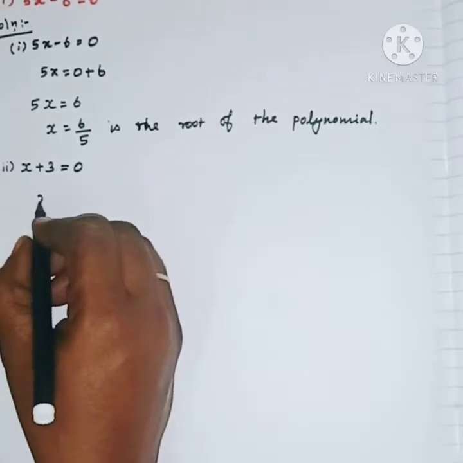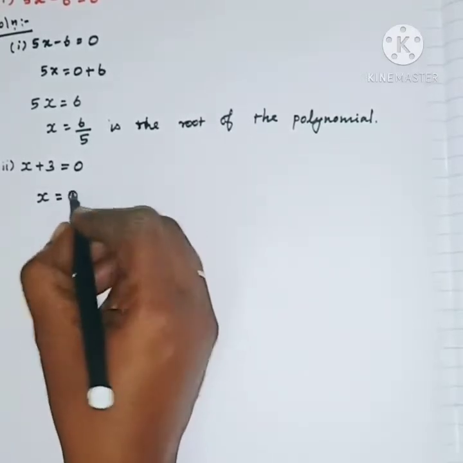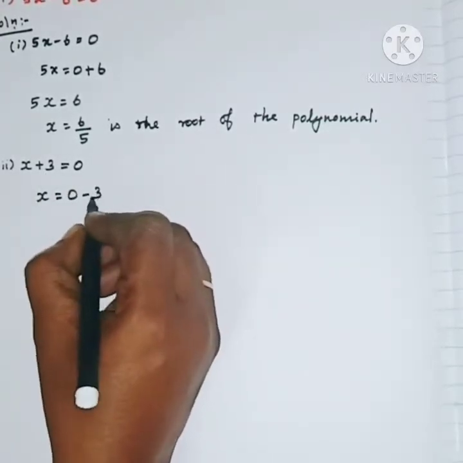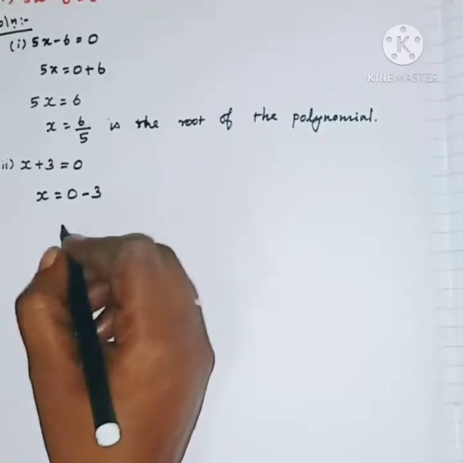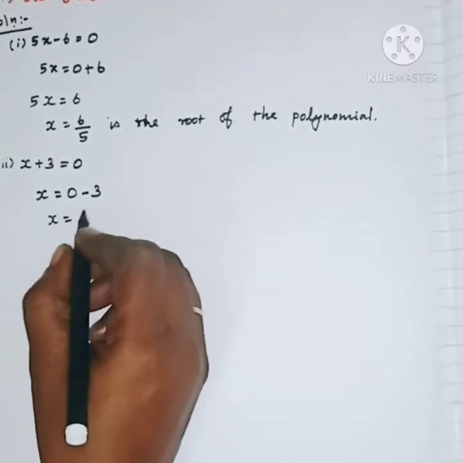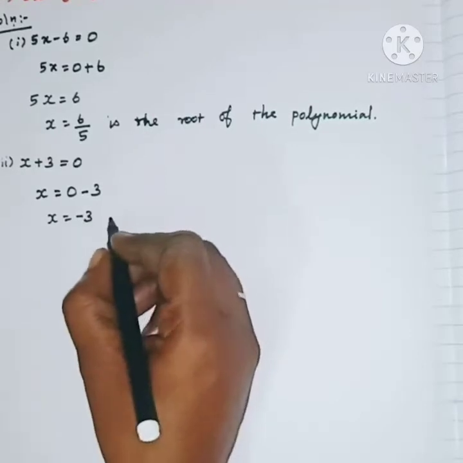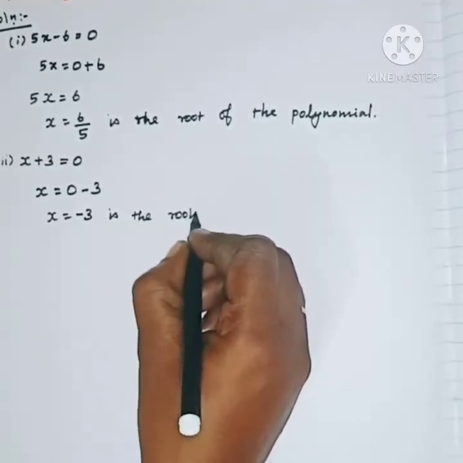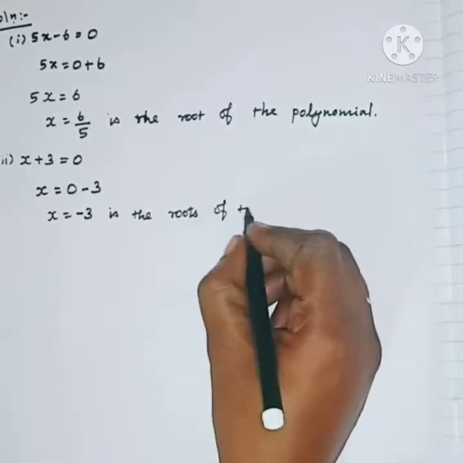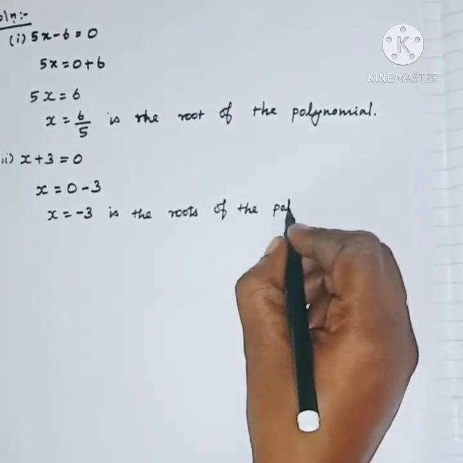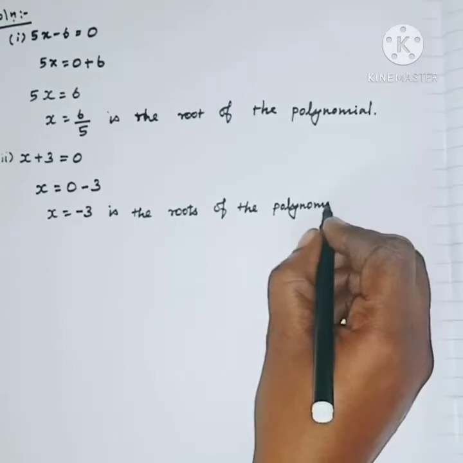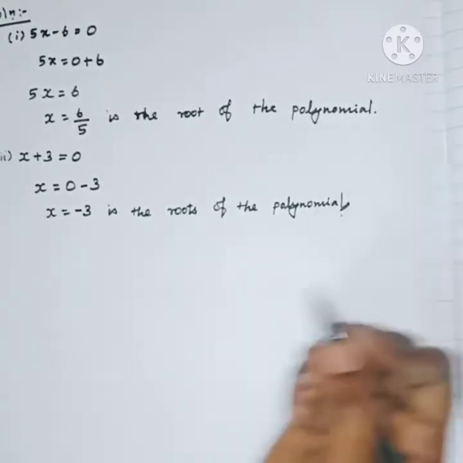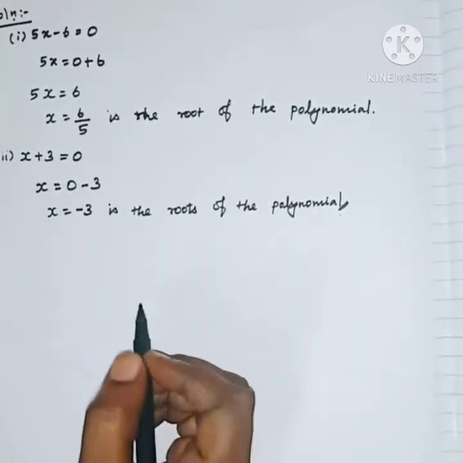So x plus 3 equal to 0, we will get 0 plus 3 will become minus 3 when it comes to the right hand side. So x is equal to 0 minus 3, which is minus 3. This is the root of the polynomial. This is the answer for the second subdivision.